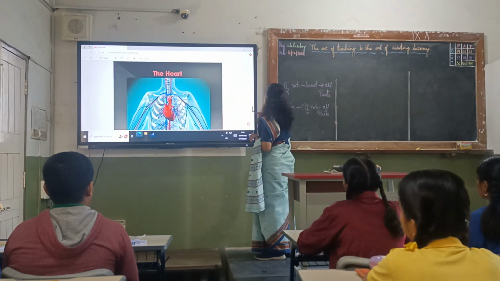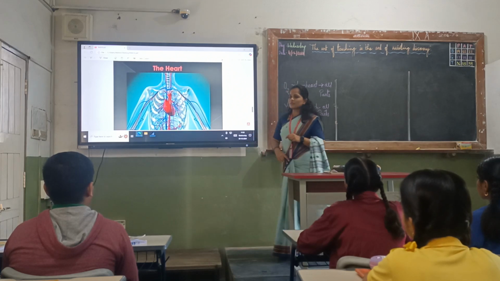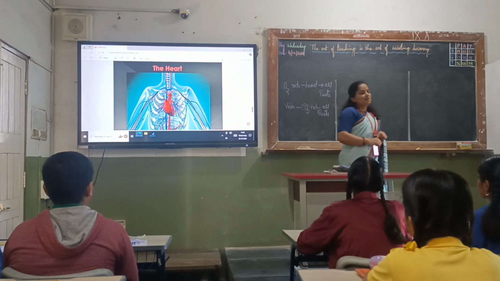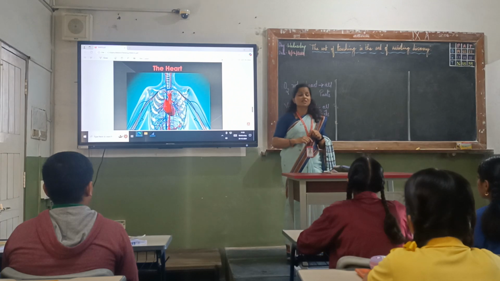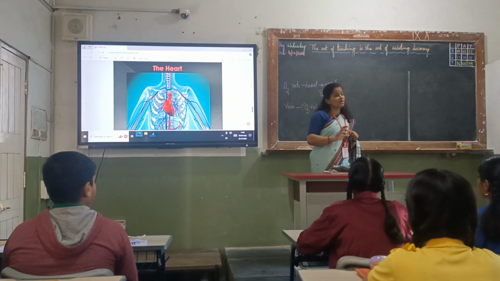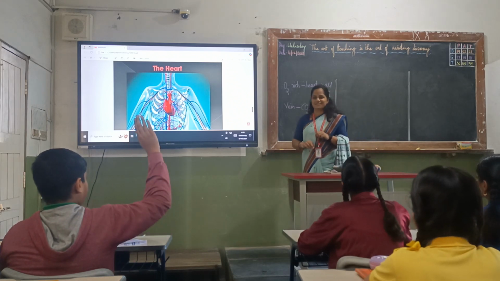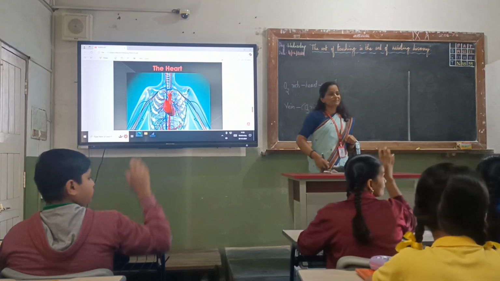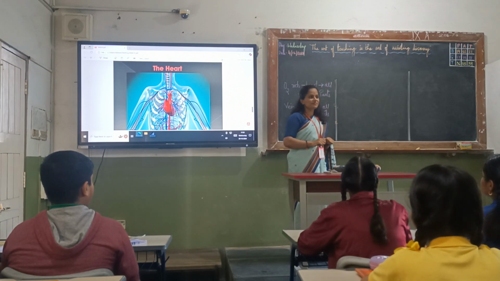Third part, and that is an important part, the heart. First of all, the location. We will see where it is situated, or what is the location of the heart in the body. Anybody knows the location? The heart is located in the chest cavity between two lungs, slightly towards the left.